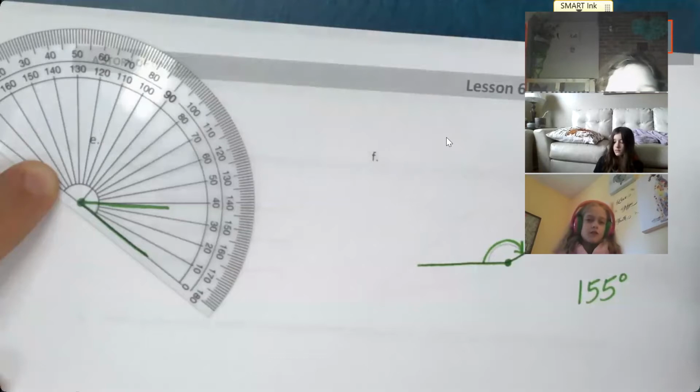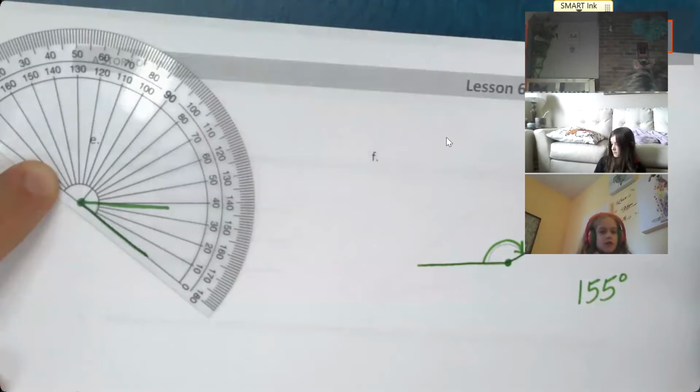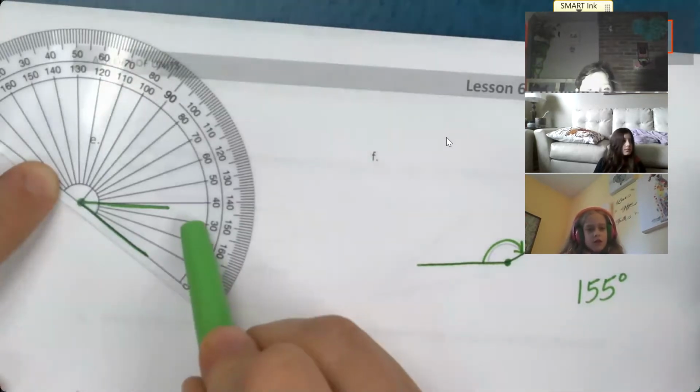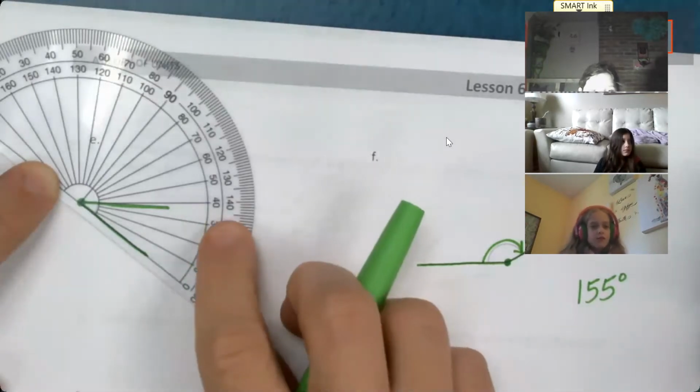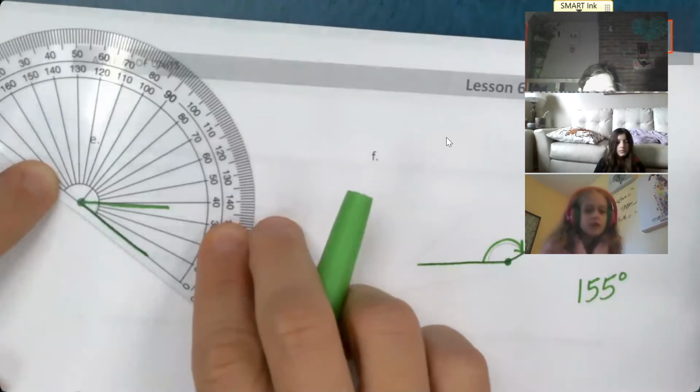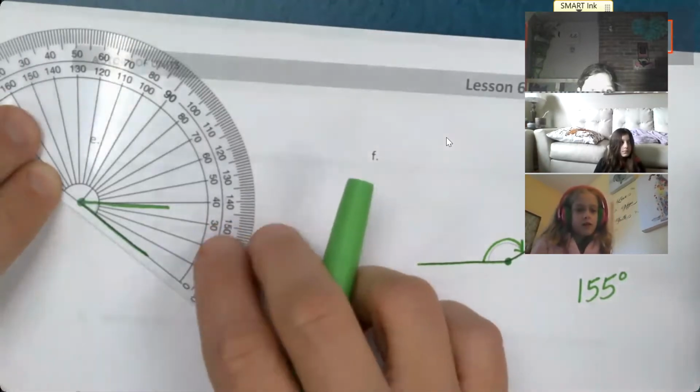Now you start at 0 and measure where the line is, but it's not on 40 and it's not on 30, so you have to measure the tick marks. Right, so we go past 30.